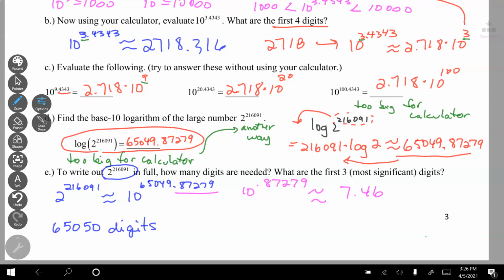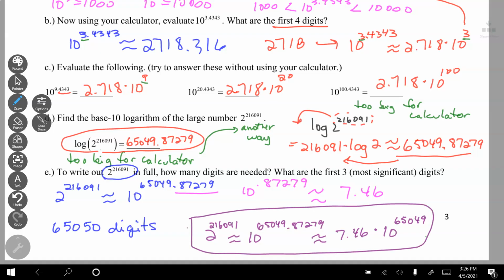So the 7.46 is key. So 2 raised to the 216,091 is about equal to 10 raised to the 65,049.87279, which is about equal to 7.46 times 10 to the 65,049. Okay? And that would be a number that has 65,050 digits.